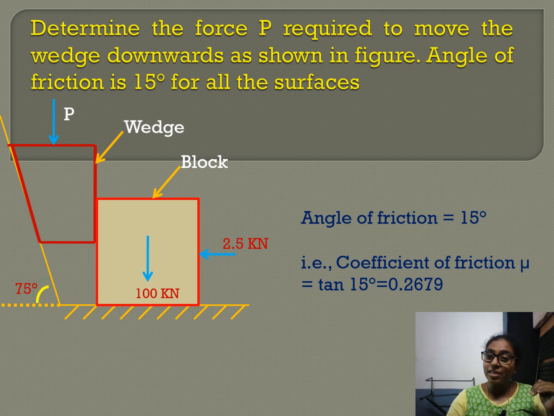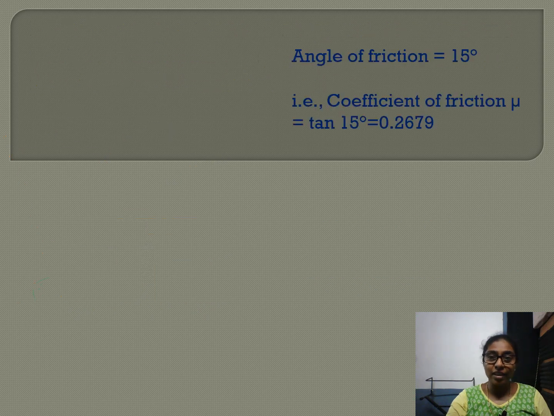This wedge is a machine. We have to apply a small load in order to move this block so that this wedge will be moved downwards. So we are asked to find how much force P you have to apply so that you can move the wedge downwards. The angle of friction is given as 15 degree.